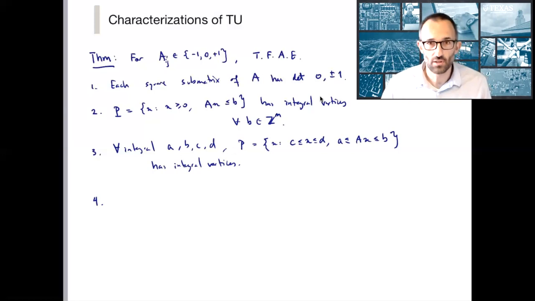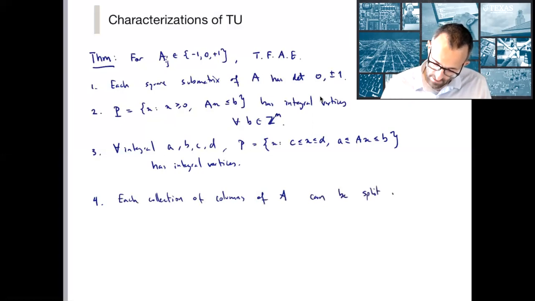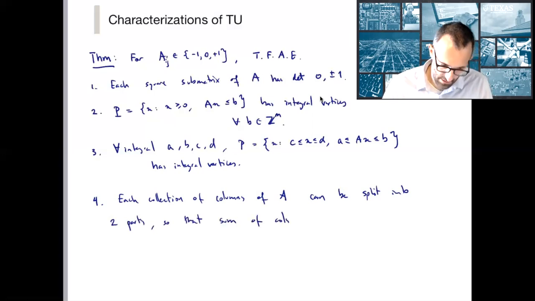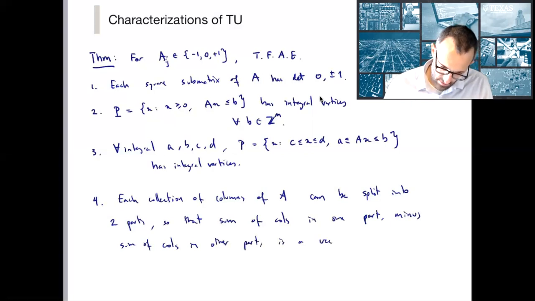So total unimodularity is equivalent to the following property: that each collection of columns of A can be split into two parts so that the sum of the columns in one part minus the sum of the columns in the other part is a vector with entries in 0, 1, or -1.